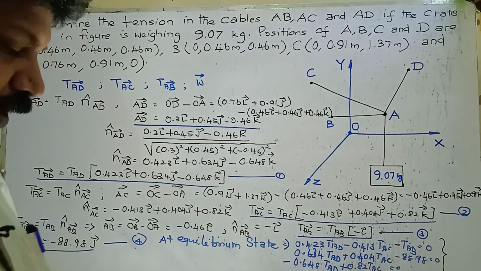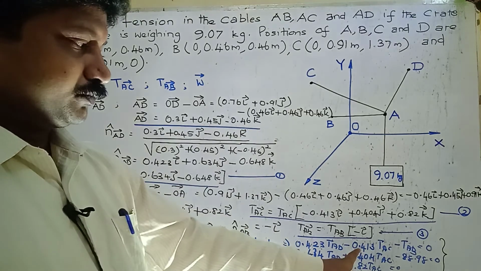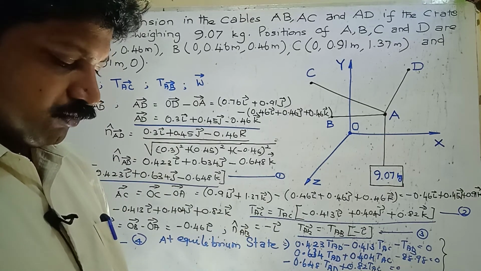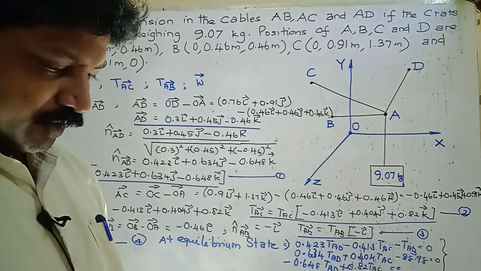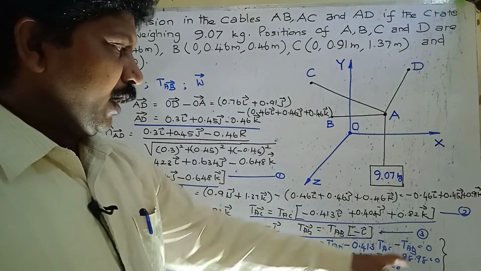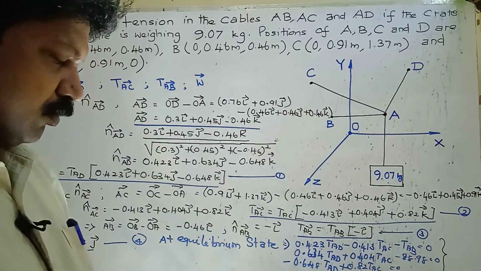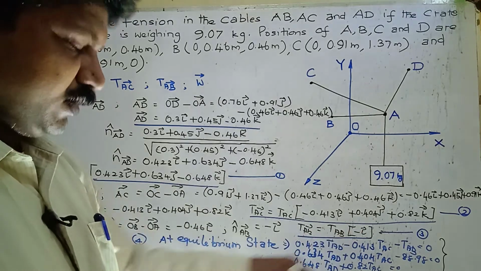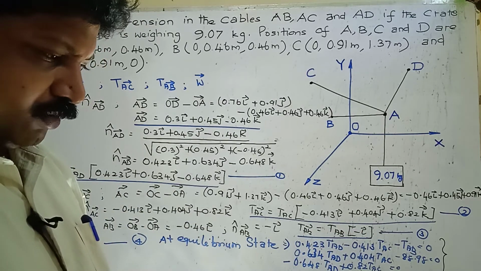Now B1 equals what? Minus 0.413. Next equal. What is C1? C1 equals minus 1. Equal. D1 equals 0. And then equal.